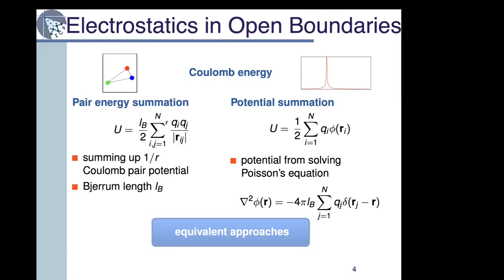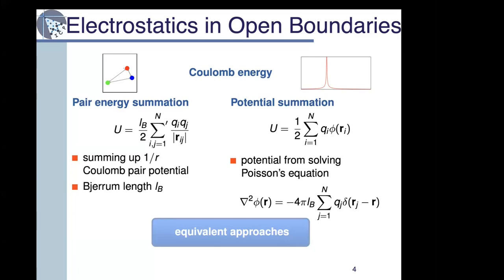And where do I get the potential from? Well, I get it from solving the Poisson equation. But if we are now in a periodic geometry, of course, you have to keep track of the boundary conditions.